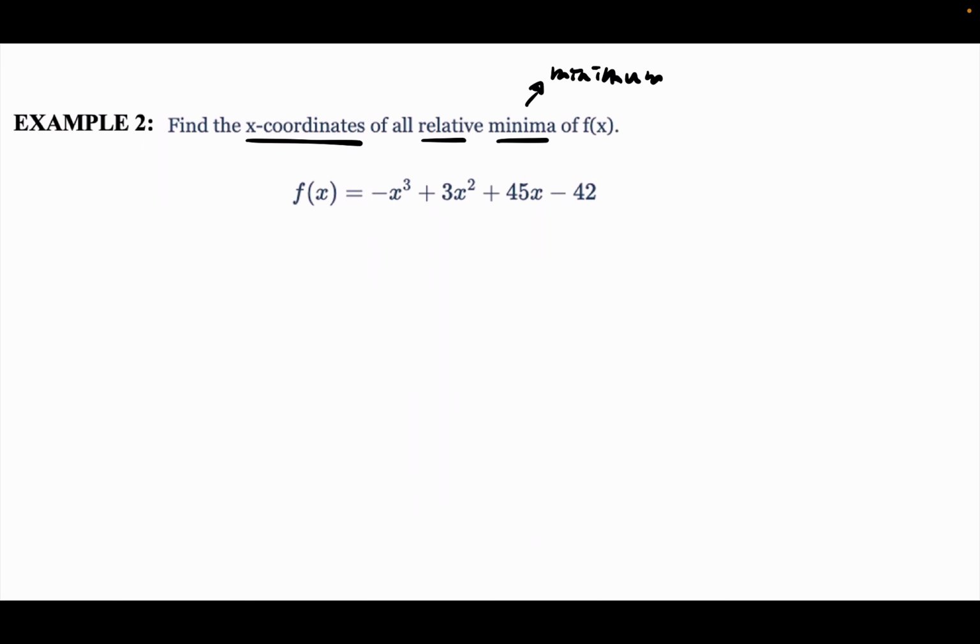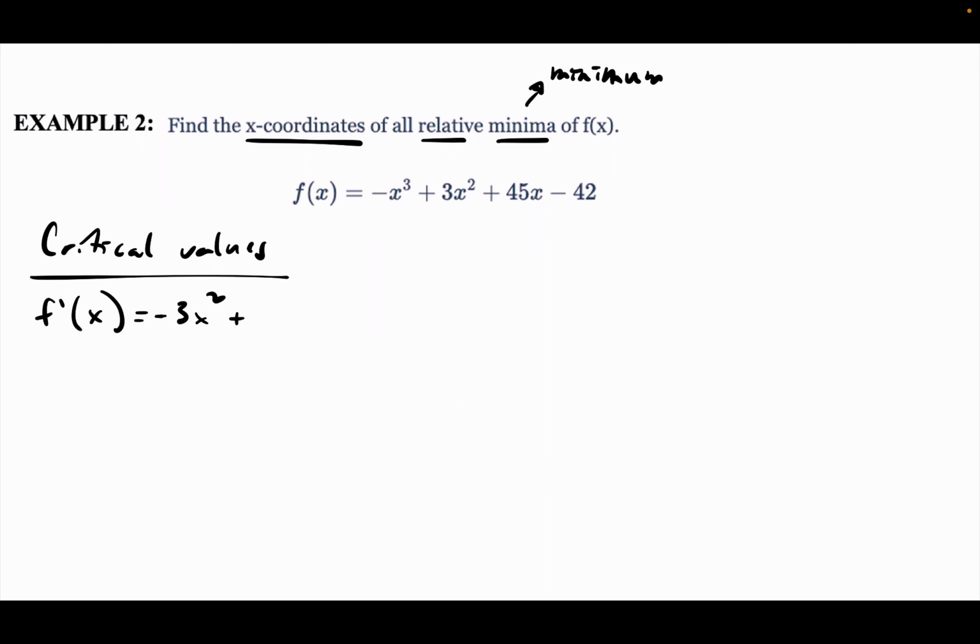Again, we need to know where it's increasing and decreasing. So we're going to use the first derivative test. The first derivative test says we need critical values. First derivative is going to be negative 3x squared plus 6x plus 45.